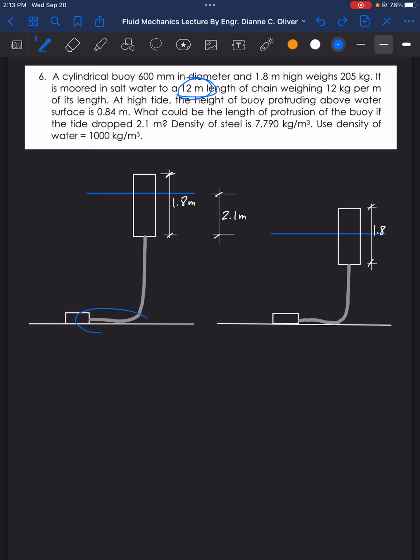The rest of the 12 meters is resting, which means it does not contribute to the weight pulling the buoy down, right? So at high tide, this is the total length that is causing a weight on the buoy. Of course, at low tide, that length becomes smaller.